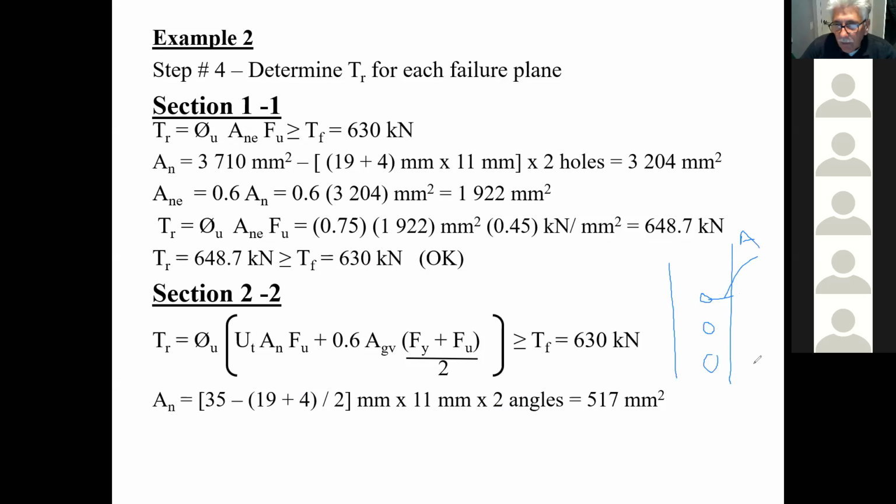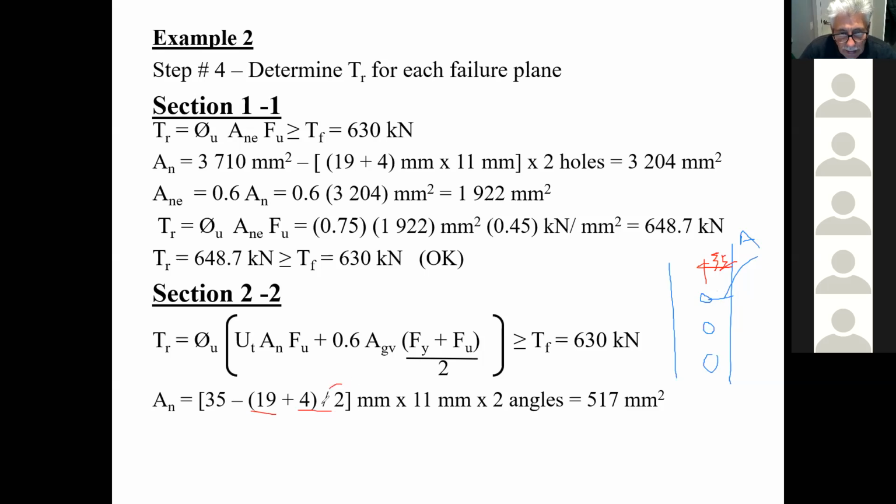If you remember the sketch, I had here an edge distance of 35. That's what I decided to set my geometry to, so that's where the 35 comes from. 19 is, of course, the size of my bolt. Plus 4 is to make the allowance for the bolt hole, in other words, for punching.